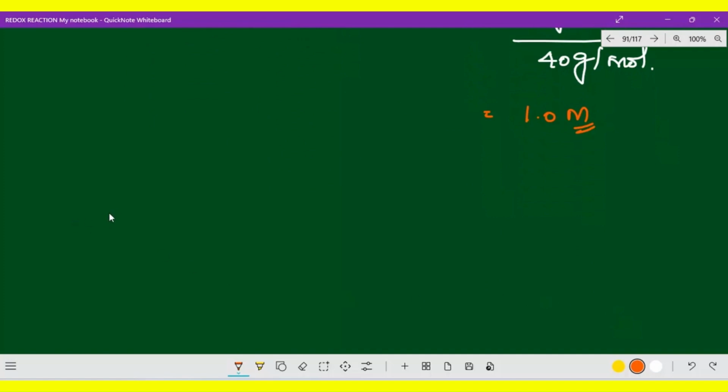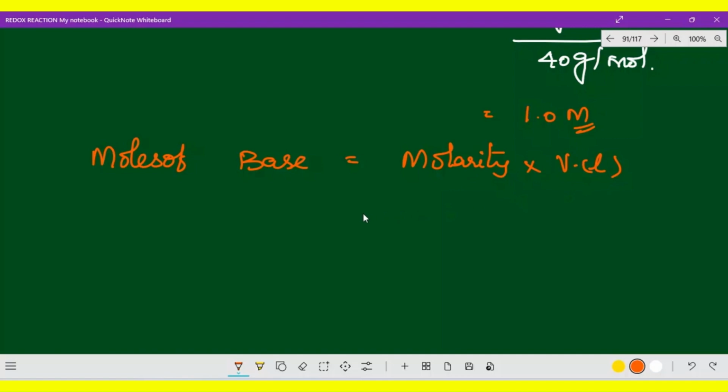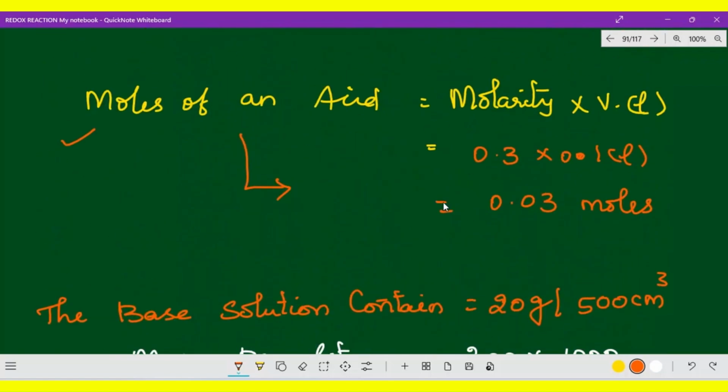Moles of acid also we found. Moles of base we have to identify. What is the formula? Molarity into volume of solution in liter. Molarity is 1, and the volume of solution they have provided is 90 centimeter cube, which means it is completely neutralized.